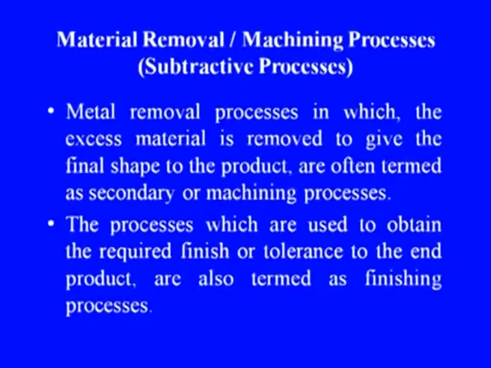In this process, the excess material is removed to give the final shape to the product and are often termed as secondary or machining processes. The processes which are used to obtain the required finish or tolerance to the end product are also termed as finishing processes.